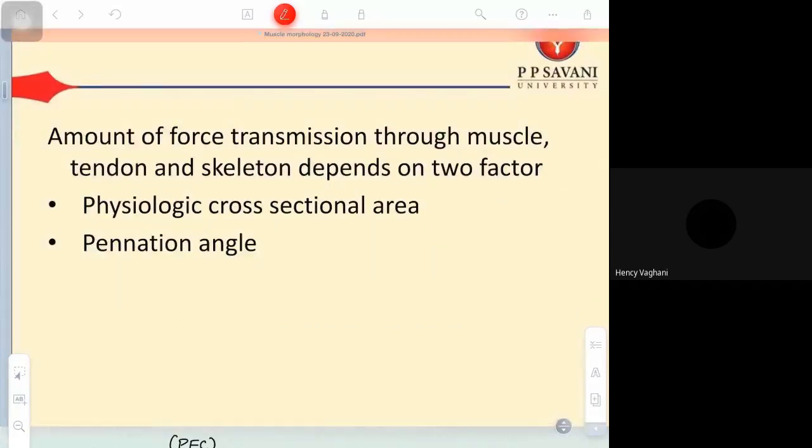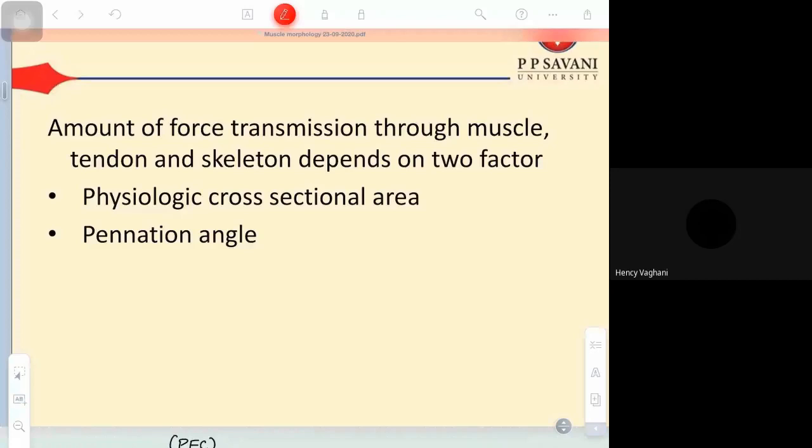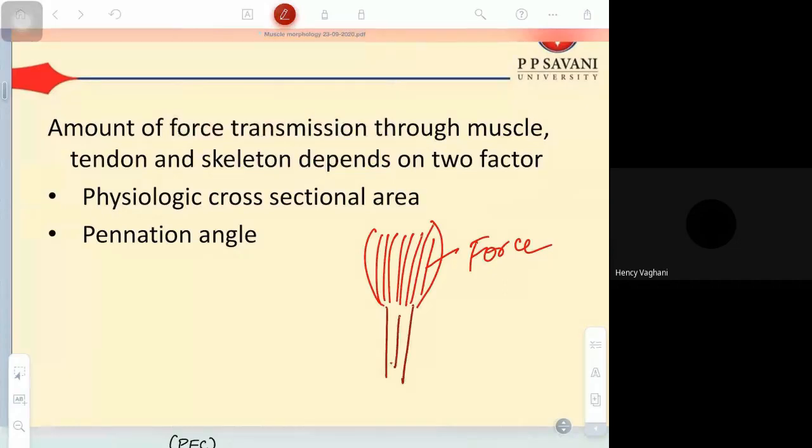Now, the muscle generates the force, and the force is transmitted to the bone through the tendon. Again, I'll repeat. The muscle generates the force, and this force is transmitted through the tendon to the bone.